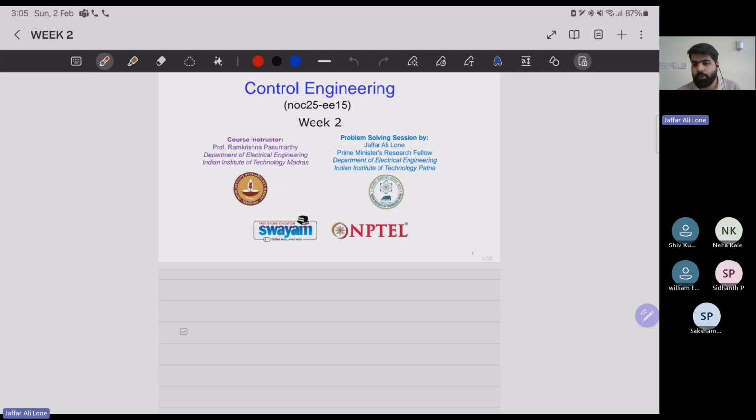In today's session, we'll be solving problems on Laplace transform, whatever you have learned in the last week.